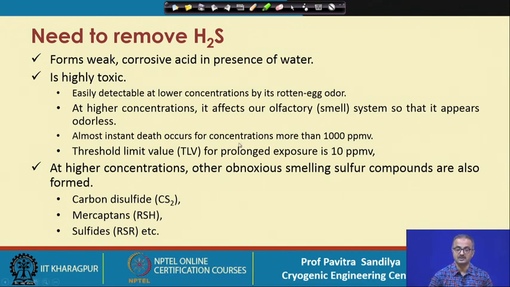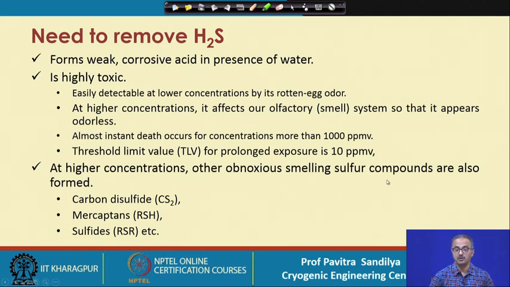So, it may cause death for concentrations more than 1000 ppmv, and the threshold limit for prolonged exposure is 10 ppmv. For long exposure, as low as 10 ppmv of this H2S can cause death. Then for high concentrations, what happens?